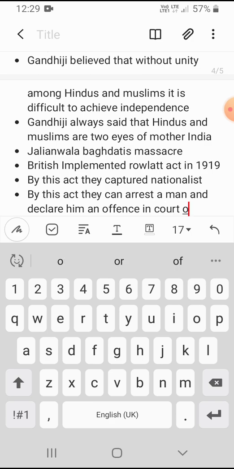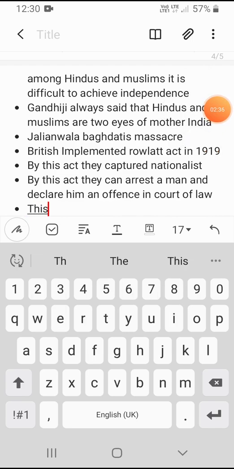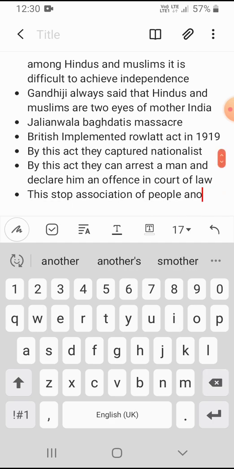It stopped the association of people, meaning meetings and gatherings of people, and people lost their rights.